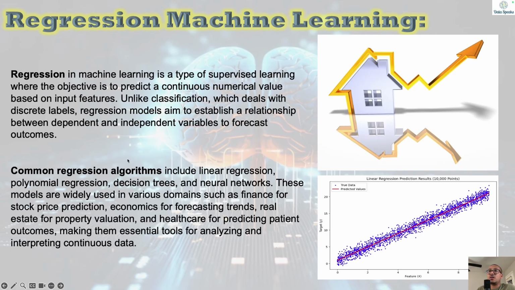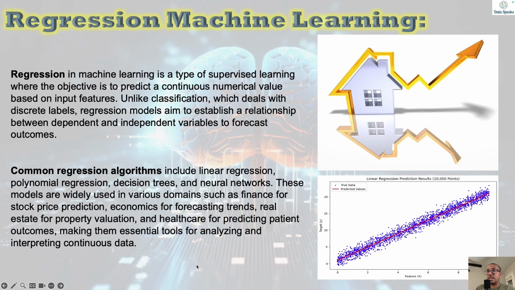Now there are different types of regression machine learning models, which include linear regression, polynomial regression, decision tree regression, neural network regression, etc. There are so many, support vector regressor, k nearest neighbor regressor. However, we will dive deeper into those individual regression machine learning models in our next videos, and we have made so many videos on the use cases and actual implementation of those machine learning models on different data sets available throughout the industry.